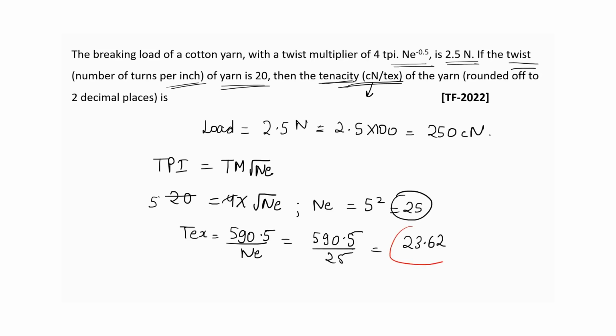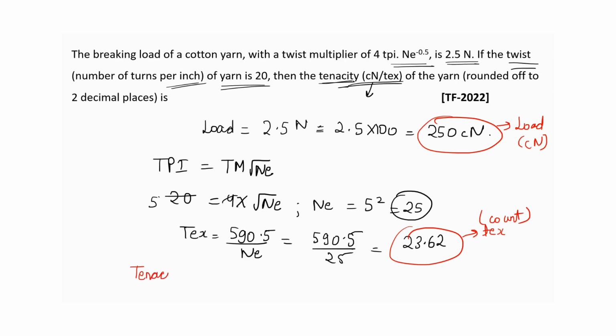So we have calculated this as tex, and this as load in centi-newton, and this is the yarn count in tex. So tenacity in centi-newton per tex is 250 upon 23.62.